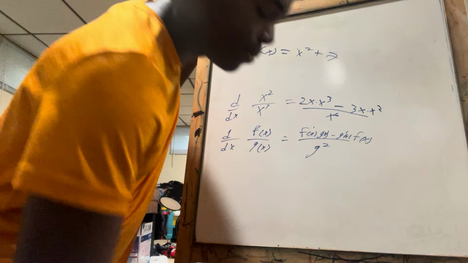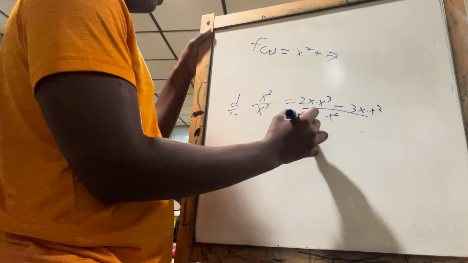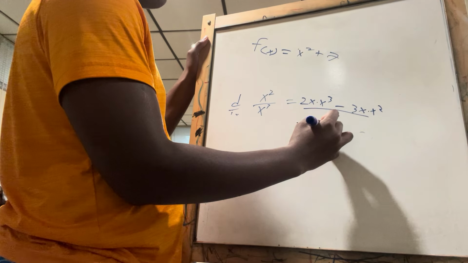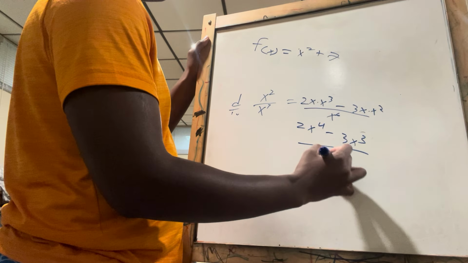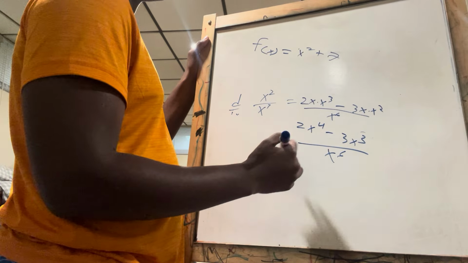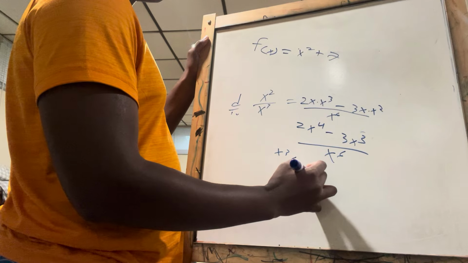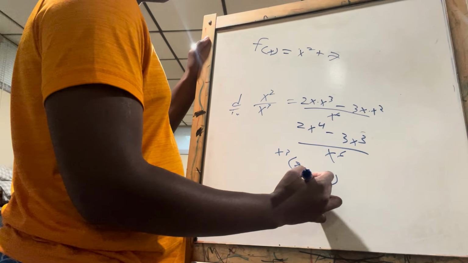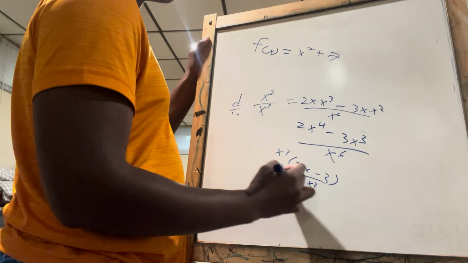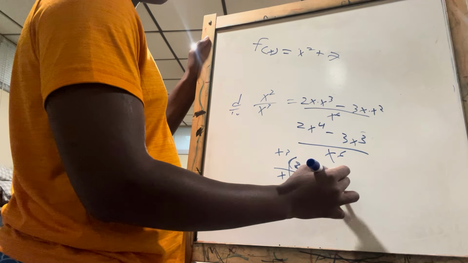So in total, this would just be 2x to the 4th minus 3x to the 4th over x to the 6th. We could definitely simplify this, take an x cubed out. 2x minus 3 over x to the 3rd. And then both of these are times x to the 3rd.